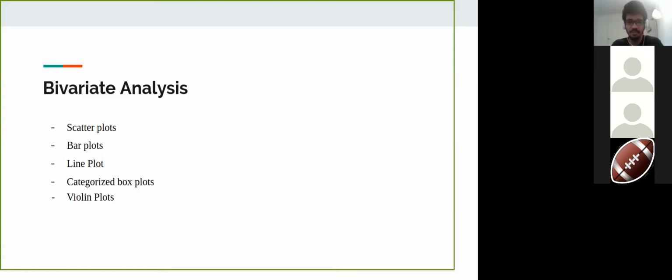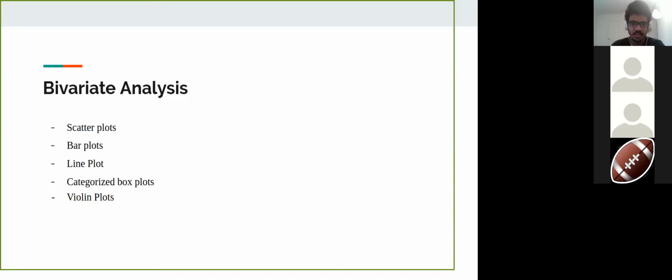We can also have box plots again, but this time we can categorize them. Let's say we have a categorical input and we have an output that is continuous. We'd want to gauge how each category of the categorical input affects the distribution of the target output.